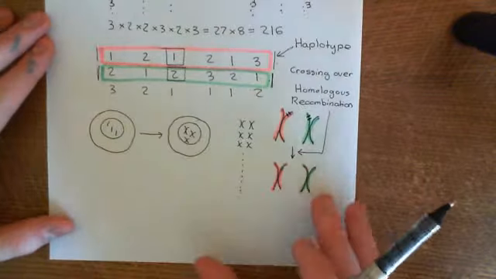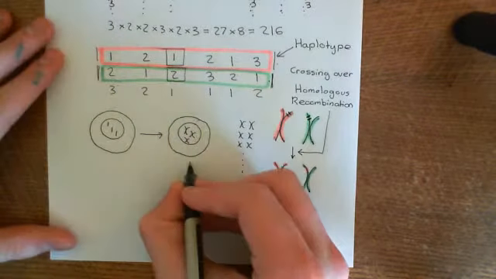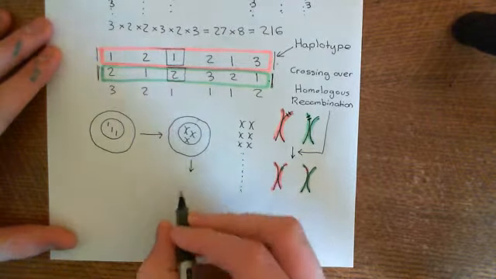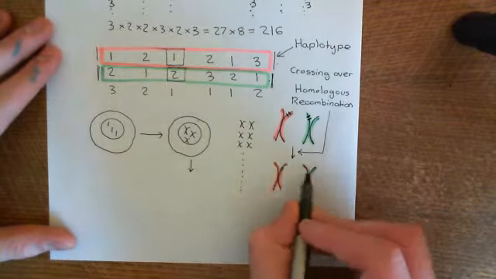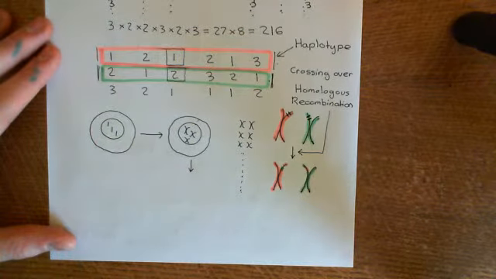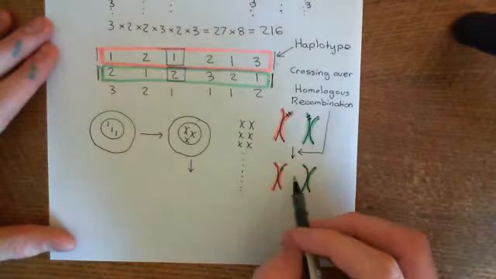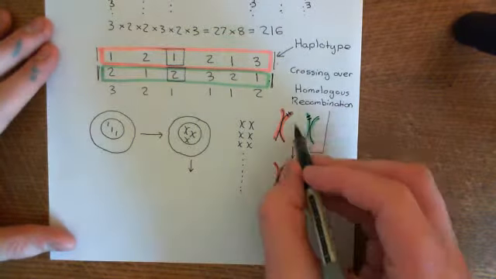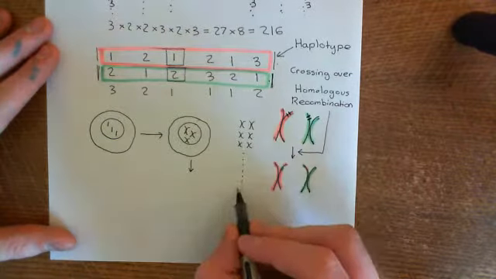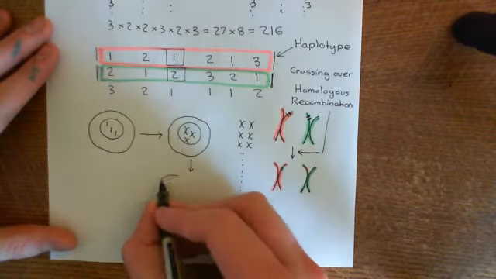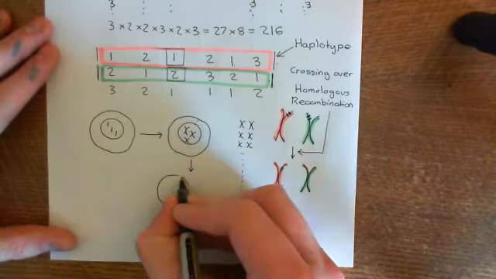Okay, so just to finish our picture of meiosis then, what happens, once you've had homologous recombination, is you're going to split up the homologous chromosomes, okay? So you line up all 23 pairs of the homologous chromosomes and you split the cell into 2, okay?